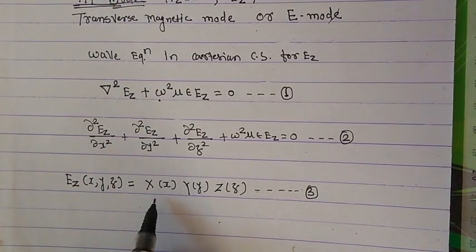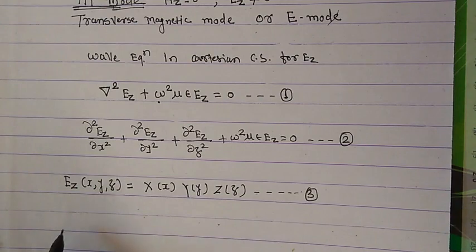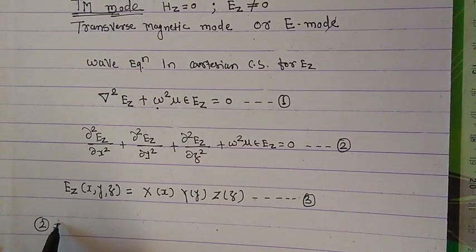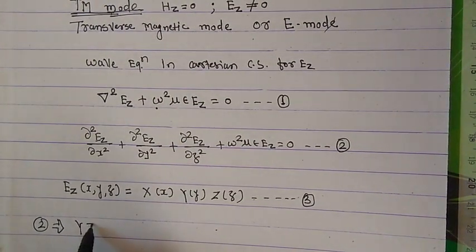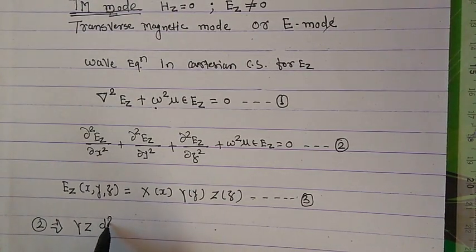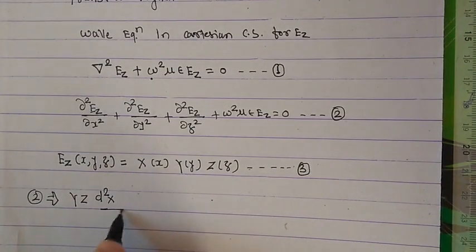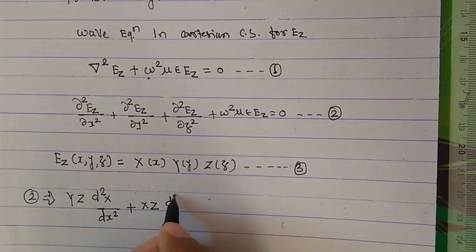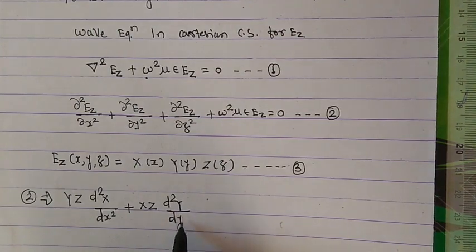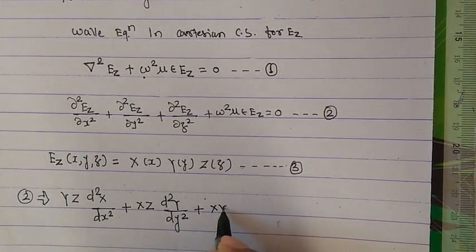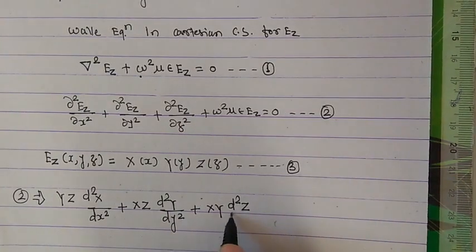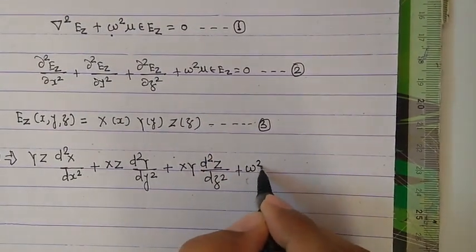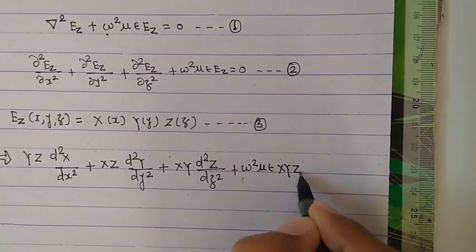So Ez will be replaced by X(x) Y(y) Z(z). So equation 2 will become Y Z d²X/dx² plus X Z d²Y/dy² plus X Y d²Z/dz² plus omega squared mu epsilon X Y Z equal to 0.